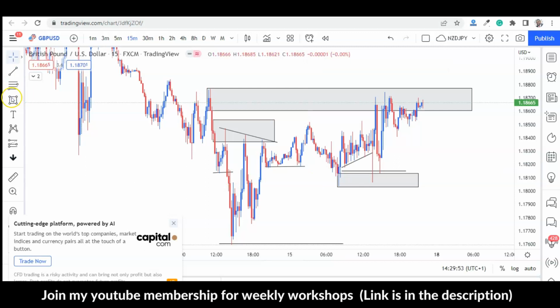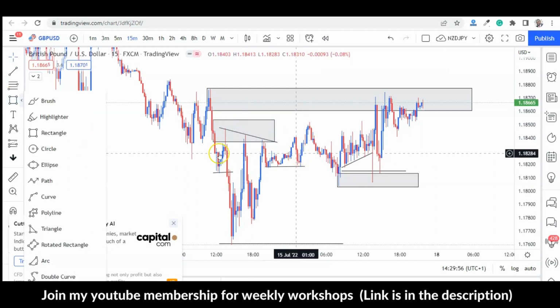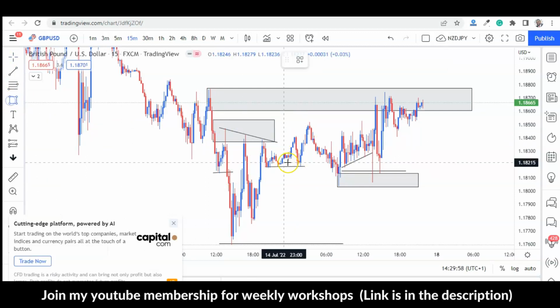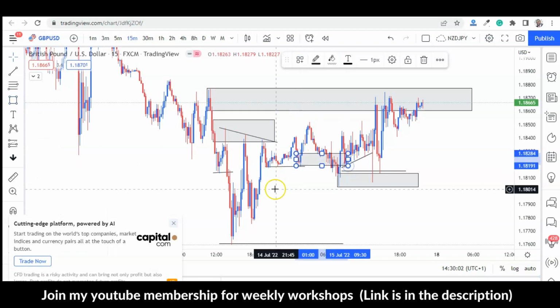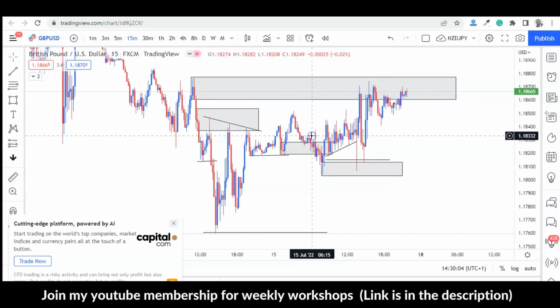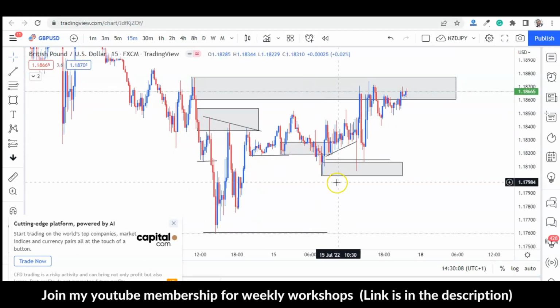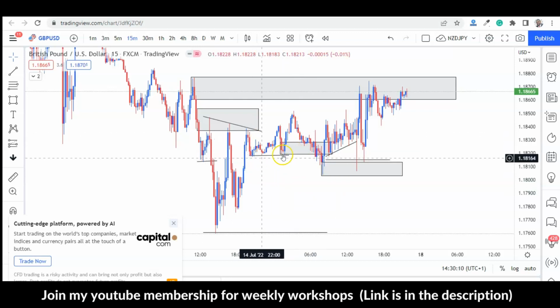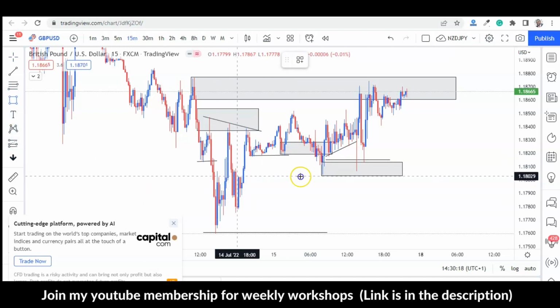Now, this order block here didn't hold. Price came, cleared the order block. Why? Because this order block is sitting at the pool of liquidity. Instead, it just went below to this one, though it didn't get there.